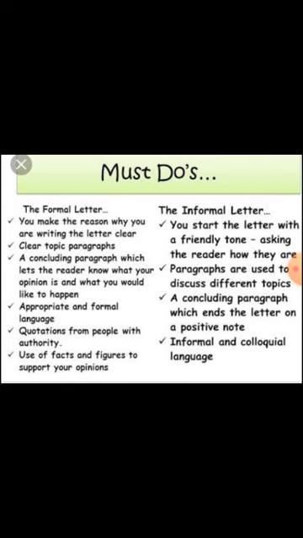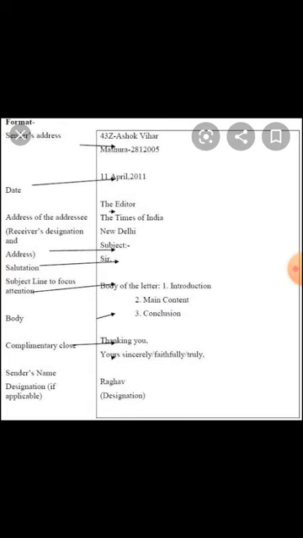Now I am going to give you the format of a formal letter as well as the format of an informal letter. Let's see. Now this is the format of a formal letter, how we should write and what things should be kept in mind while writing a formal letter. At the top on the left hand side, we write the sender's address, meaning the person who is writing the letter.